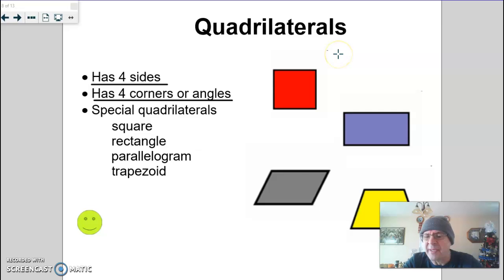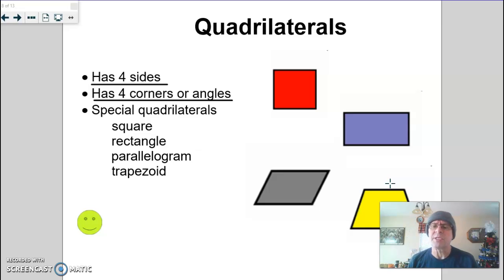That's where we're going to stop today. So you can see there's different kinds of quadrilaterals, right? A square is a quadrilateral. A rectangle is a quadrilateral, right? This is a parallelogram, and this is a trapezoid. They're all quadrilaterals. They've got four sides and four corners.